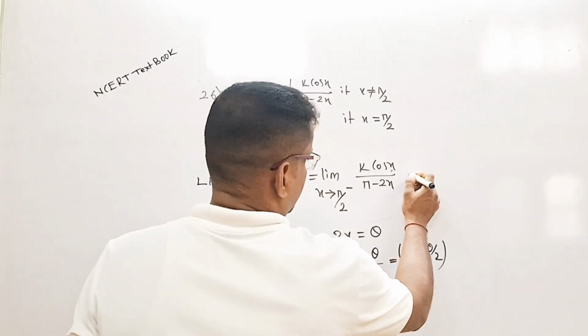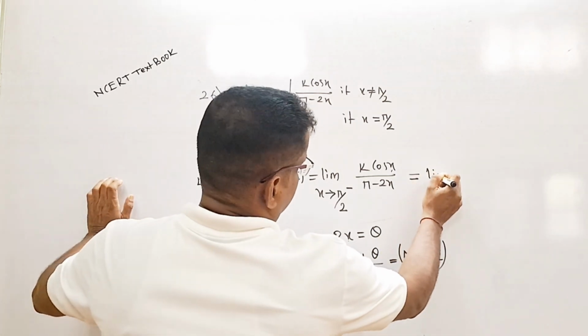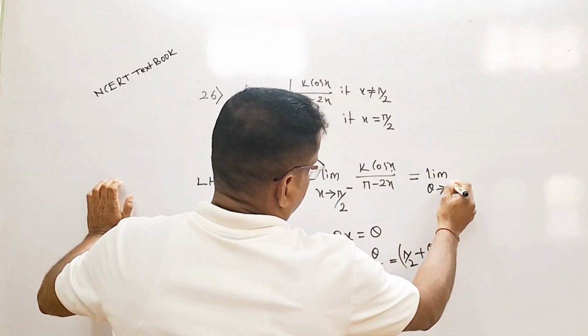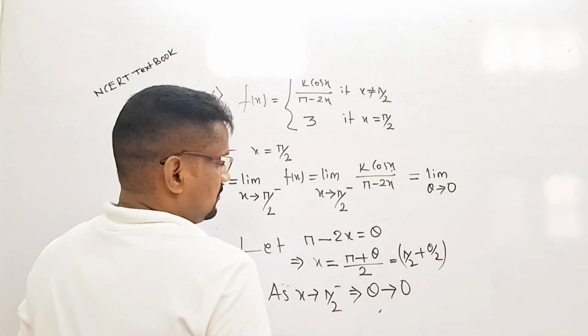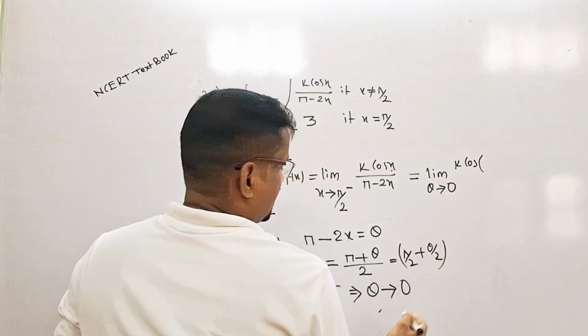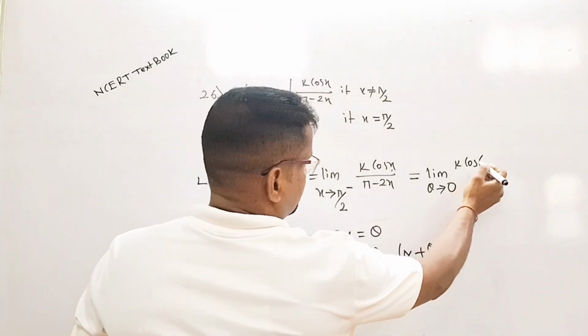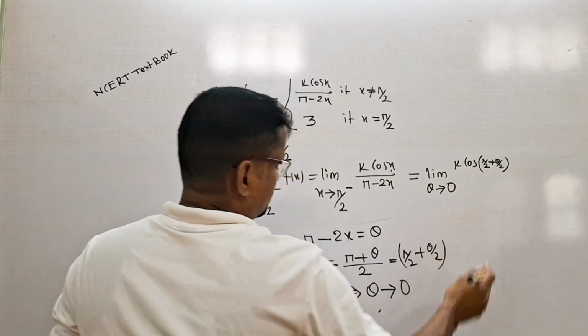Now you see, now this limit becomes what? Now I will write limit theta tends to 0. After this substitution, theta tends to 0. Then k cos of x means what? x means pi by 2 plus theta by 2. This will come.